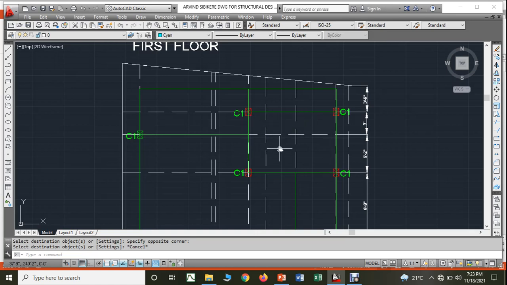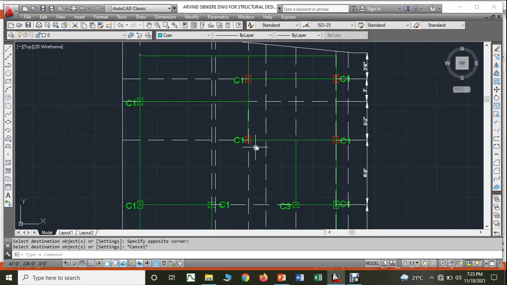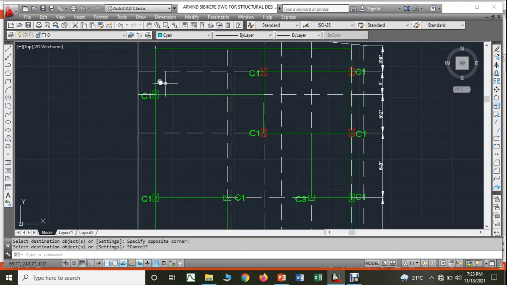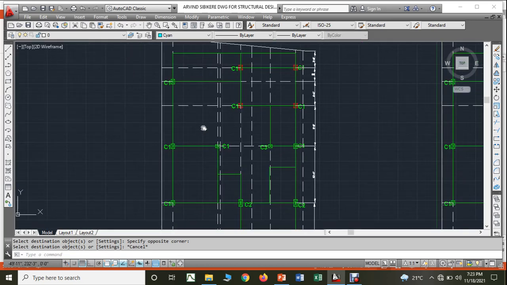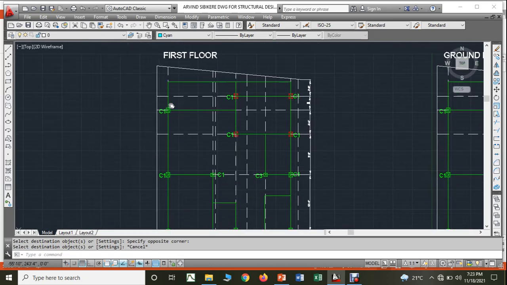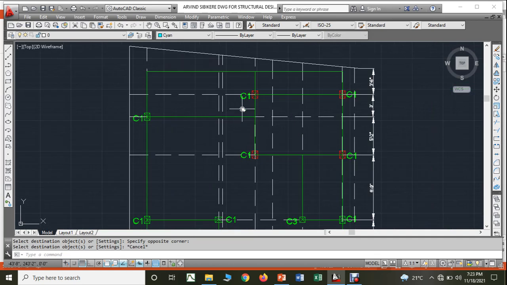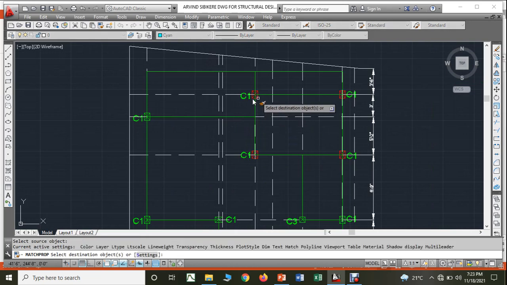Since these four receive a higher load, I am making the columns red. Now even these columns receive very high load, because everything here is cantilever. So even this column I'll make red. Even this column also I'll make red.